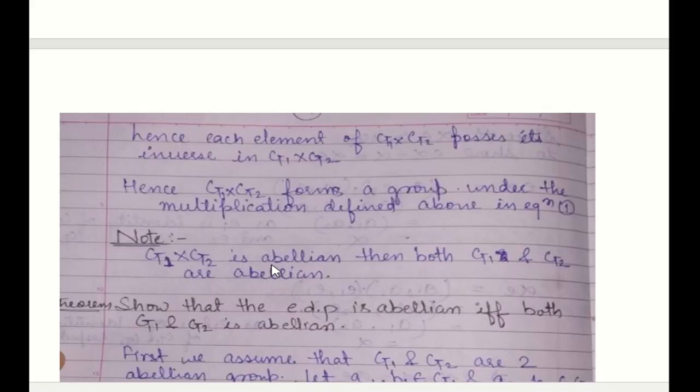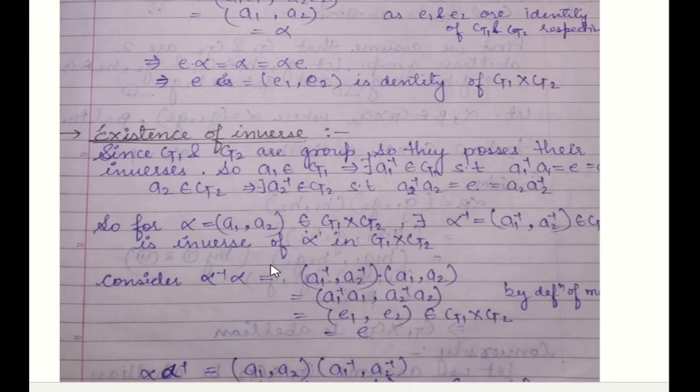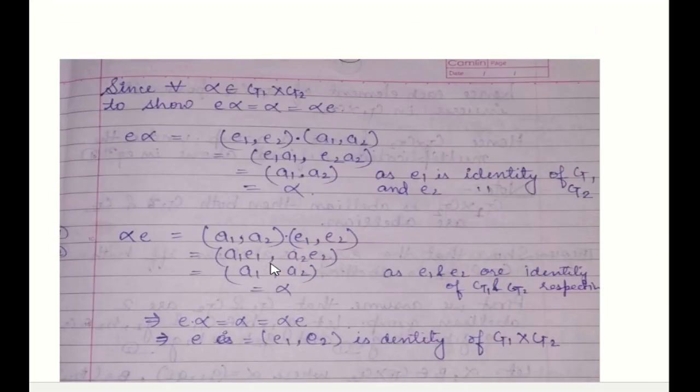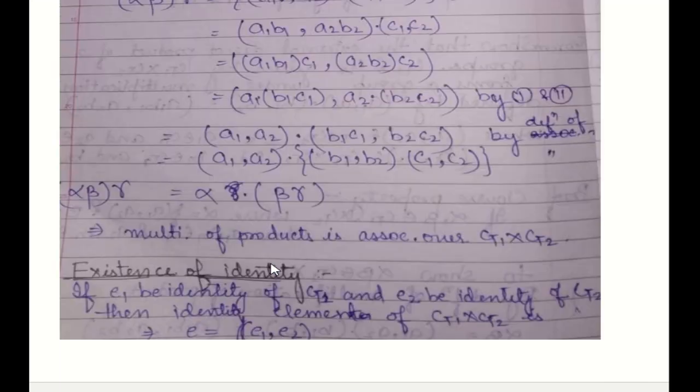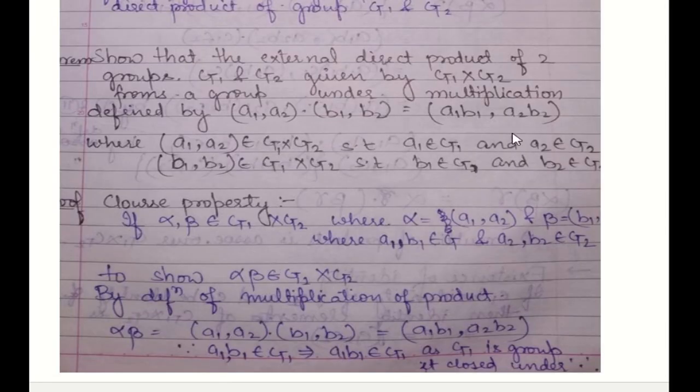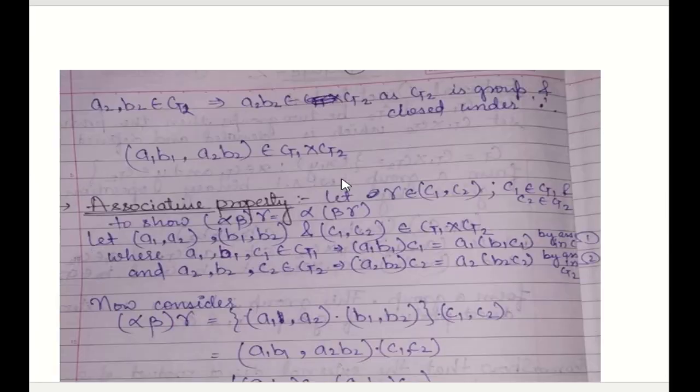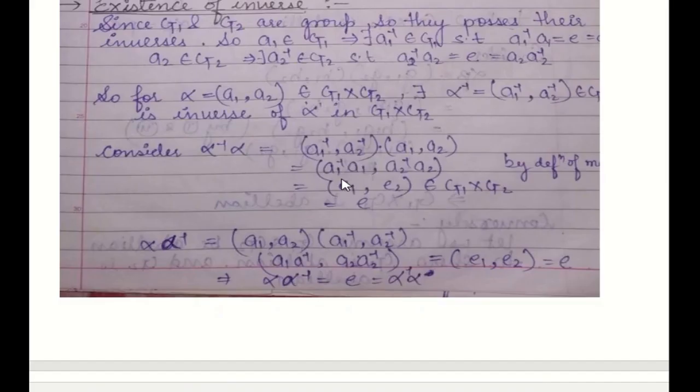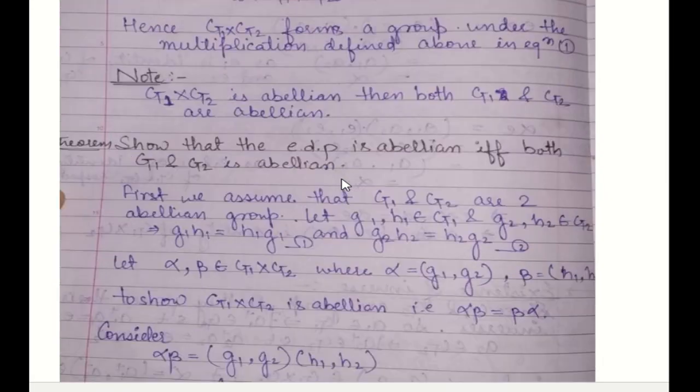So we have shown, first of all, what we mean by direct product, and that this external direct product under the given multiplication forms a group. We have shown that. Now some more properties. The very first theorem is what?